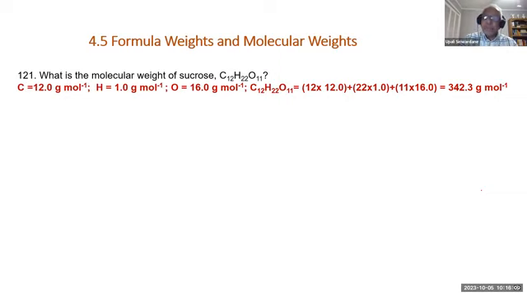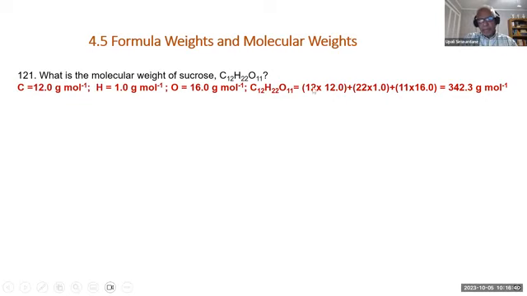So we're not going to use AMUs in stoichiometry. We use grams per mole. Hydrogen is 1.0. Oxygen is 16. Now you multiply each element by its subscript to get the total mass of 342.3 grams per mole for sucrose.